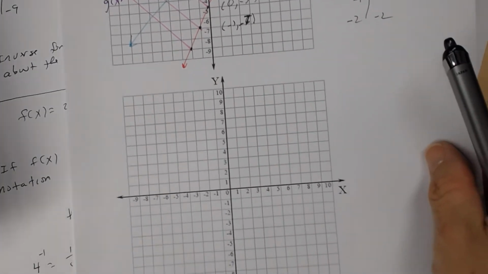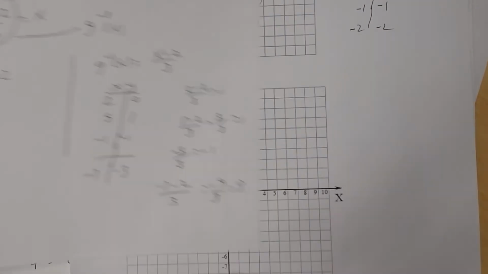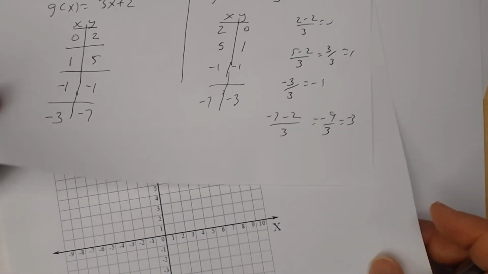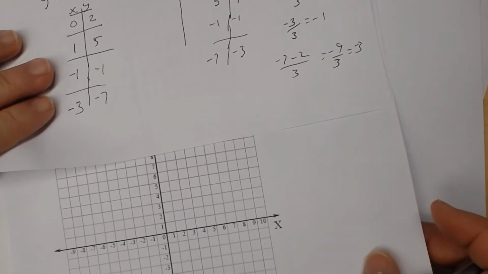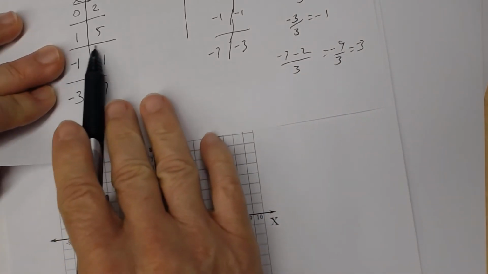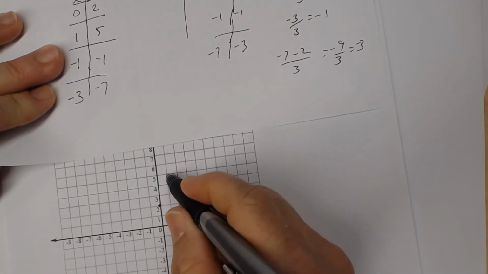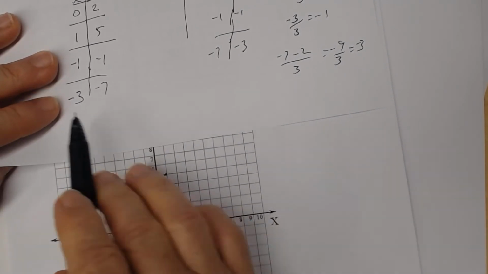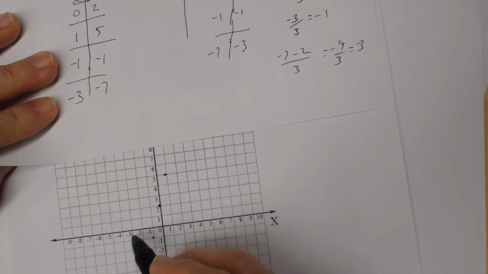Let's plot the points. I'm going to go ahead and graph g of x. These are the points I'm going to plot. 0, 2 is here. 1, 5 is here. Negative 1 is here. And then negative 3, negative 7 is here.